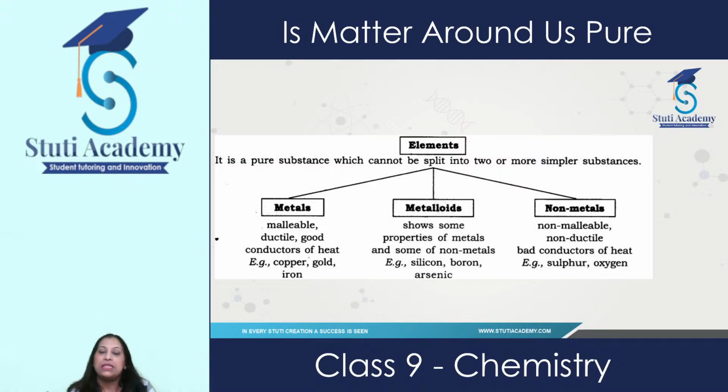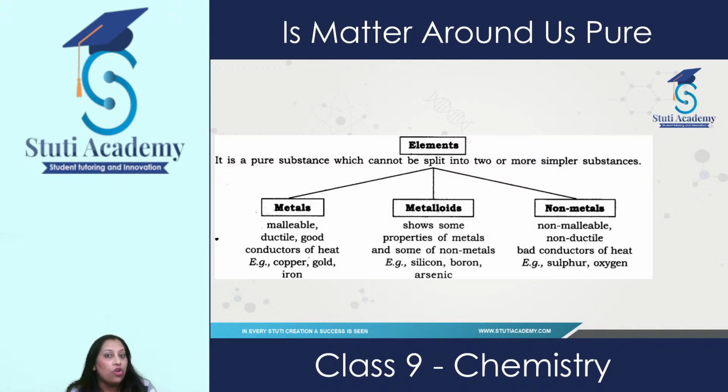So elements are of three types: metals, non-metals and metalloids. And what properties do they have? This we have already discussed. Metals are malleable, ductile, good conductors of heat and electricity, lustrous and sonorous. Examples of metals are copper, gold, iron, aluminium, zinc.